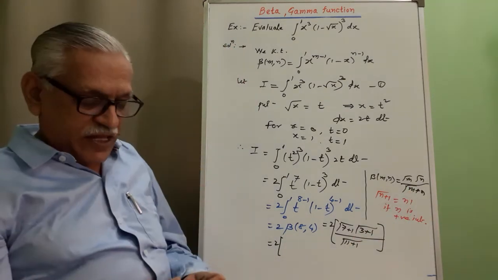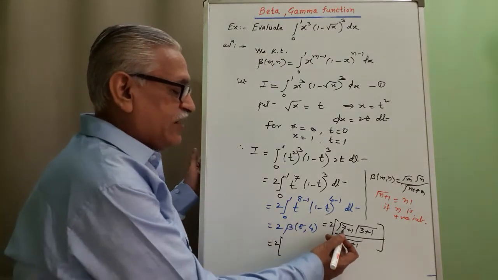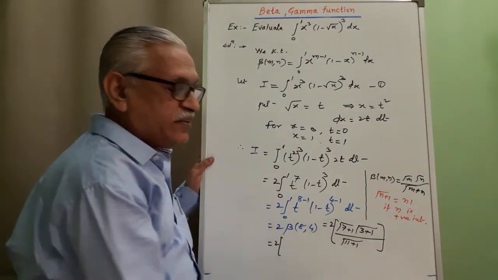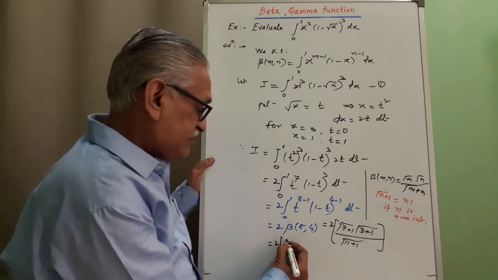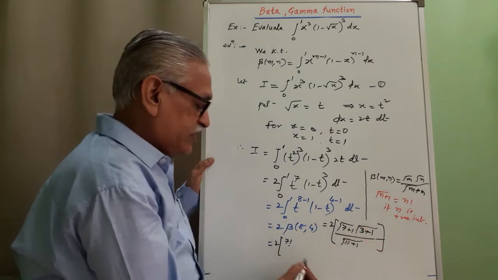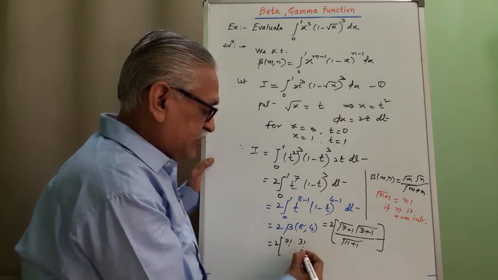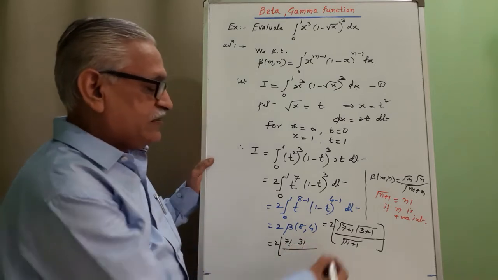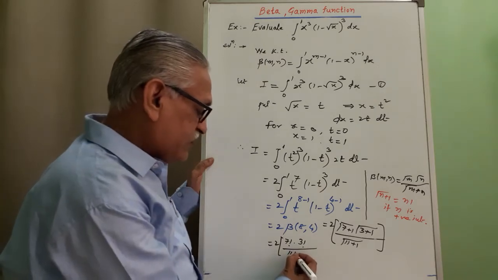Applying this property, we can determine the value of gamma of 7 plus 1. Here n is 7, a positive integer, and therefore its value is 7 factorial. Gamma of 3 plus 1 is 3 factorial, and gamma of 11 plus 1 is 11 factorial.